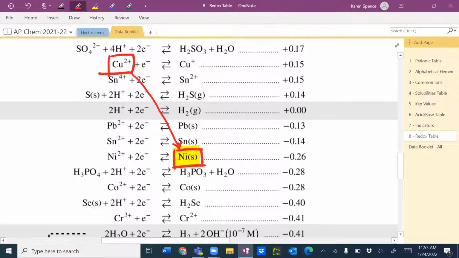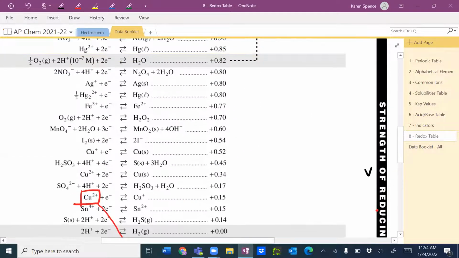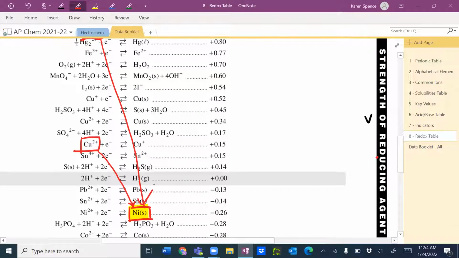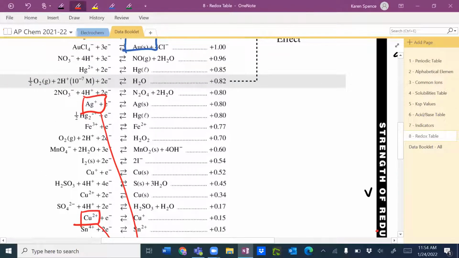So that would not be an electrolytic cell, that would be a voltaic cell or a galvanic cell because it's spontaneous. Silver, I happen to know that Ag+ is way up there. So again, that's going to be a downhill slope. So that's spontaneous. Hg2+ is also up here somewhere. Yep.